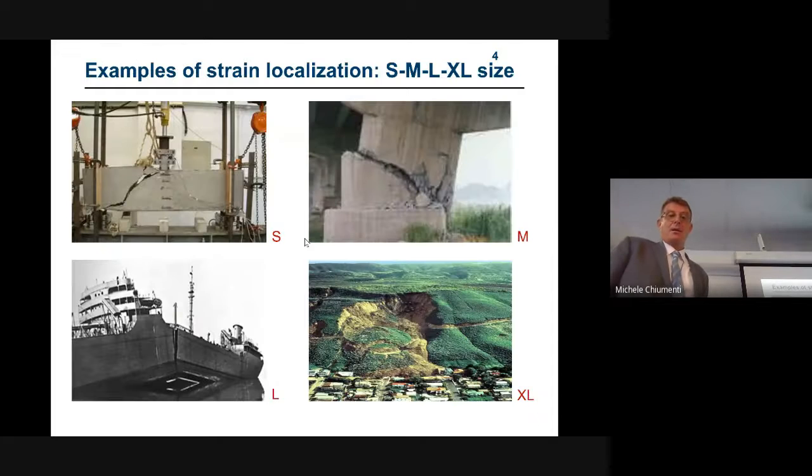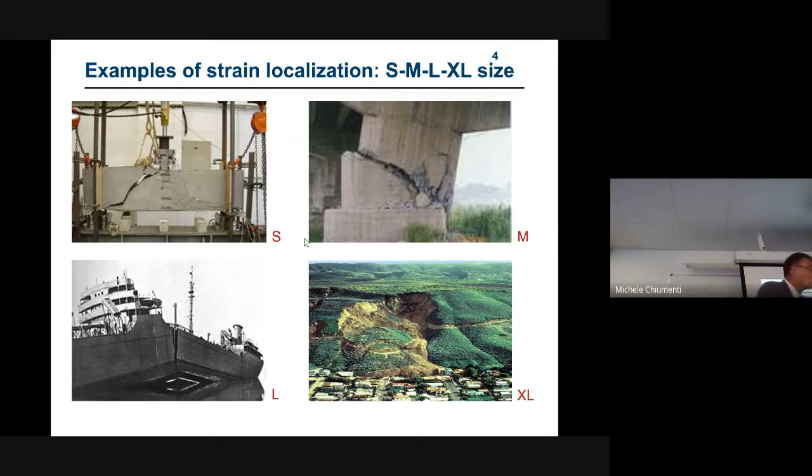Okay. The second important point is that you can get failure and strain localization, leading to failure, at different scales. And I will show you later on that this induces a size effect phenomenon. So you can have failure at small scale, meaning displacement in the lab, up to large sliding.